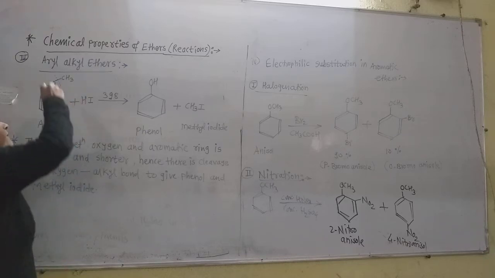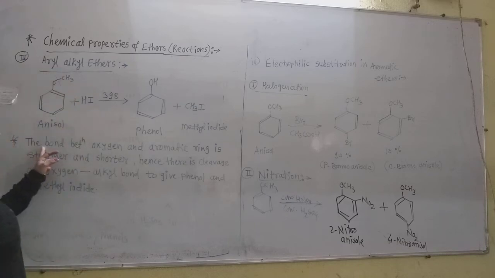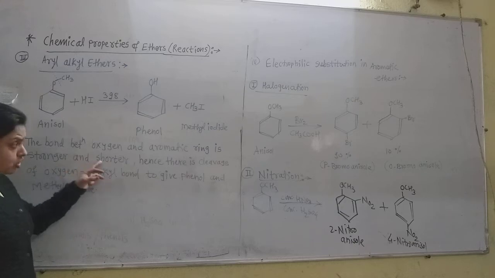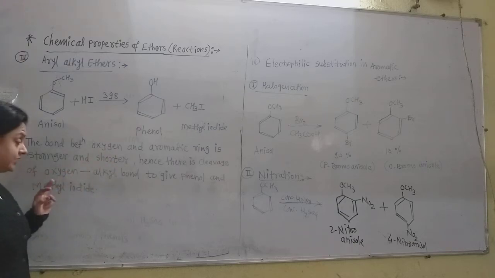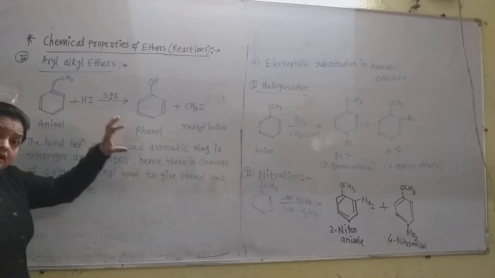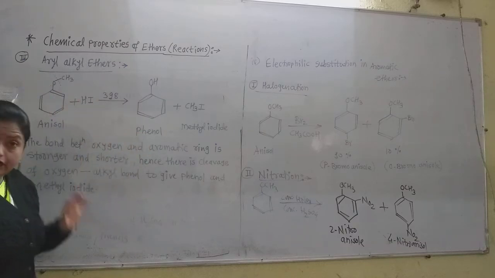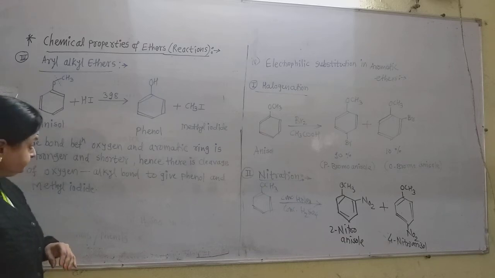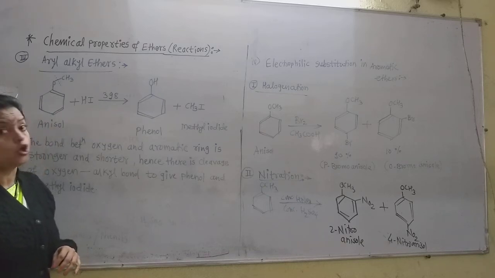The bond between oxygen and the aromatic ring is stronger and shorter, hence there is cleavage or breaking of the oxygen-alkyl bond. That means this bond breaks and it gives phenol and alkyl iodide, here methyl iodide, not an alcohol, and aromatic halides are not obtained.